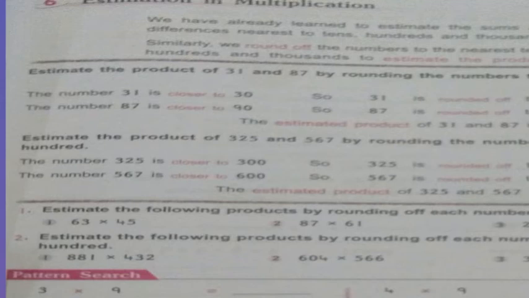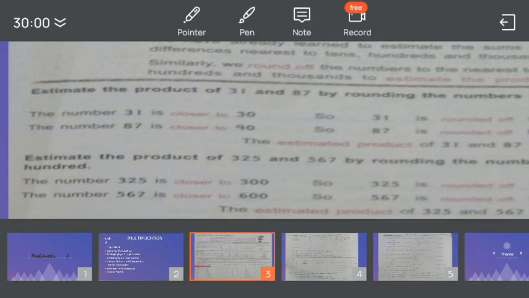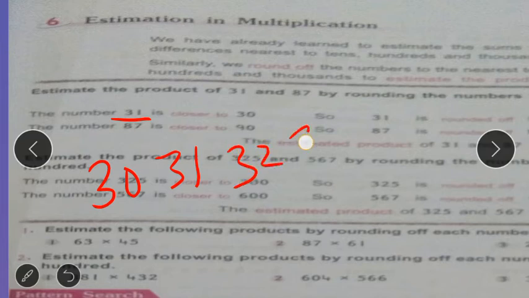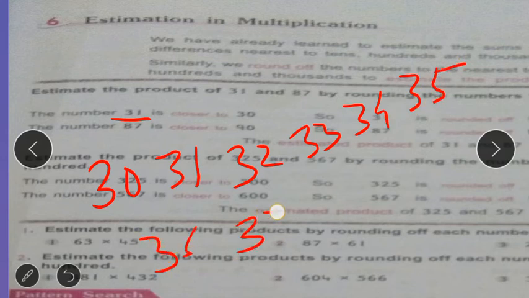You have to see this on the number line. Like 30, then 31. Because this number comes in the line of 30, we start our counting from 30, 31, 32, 33, 34, 35, 36, 37, 38, 39, and this is 40.